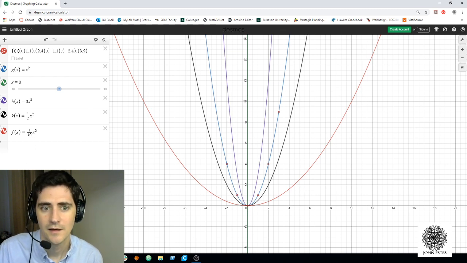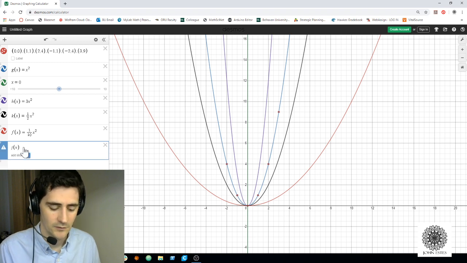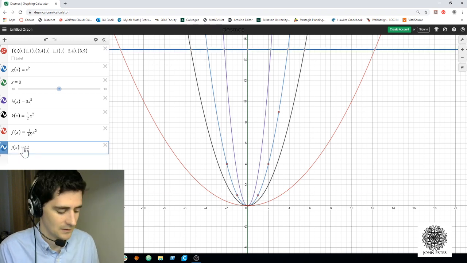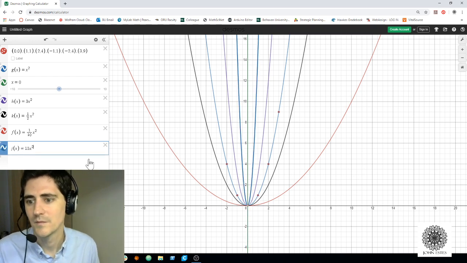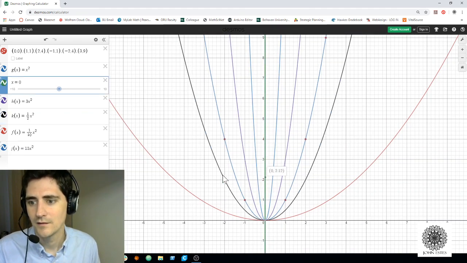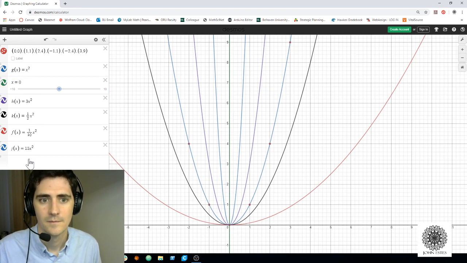But if I let a be large, let's do one more. I did f, g, h, k. How about j of x? Let's pick something large. How about 15x squared? I think this is going to be really thin. Yep, see that? So as a gets larger, my parabolas get thinner and thinner.